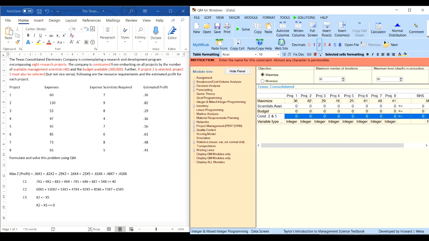Now, once we've entered all of our relevant information, we have to enter the management scientists available. So this is, again, 7, 9, 8, 4, 7, 6, 8, and 5. Our budget, again, 60.